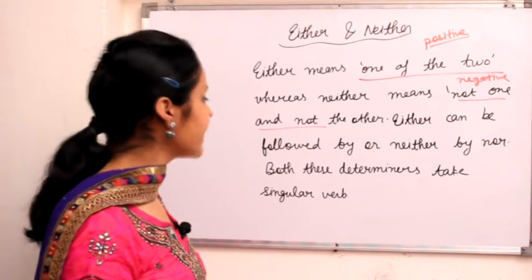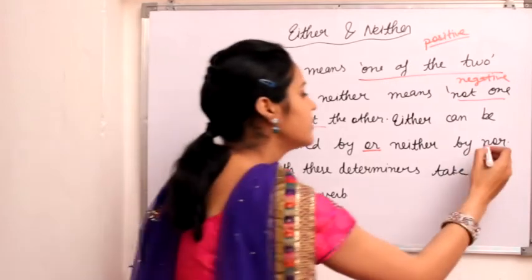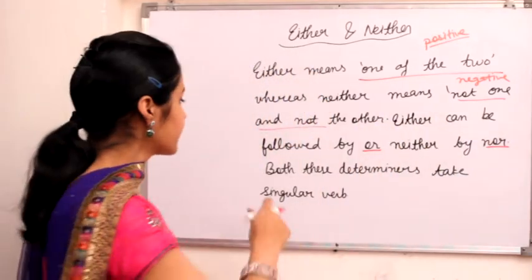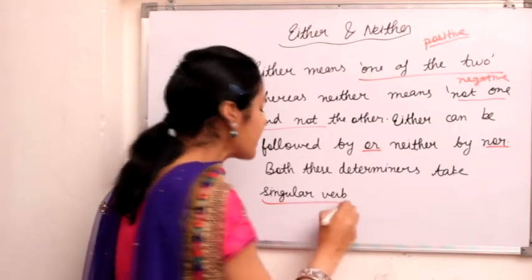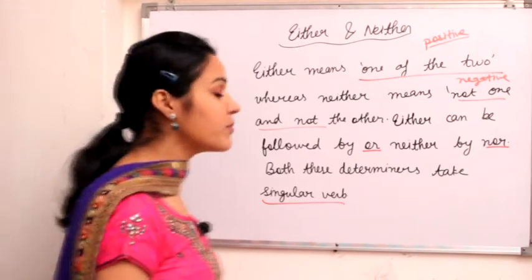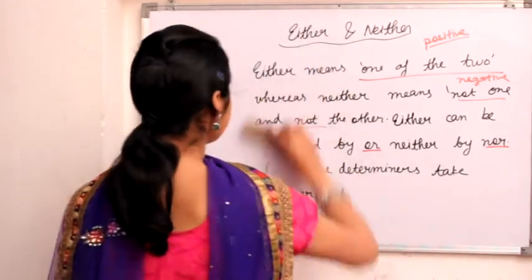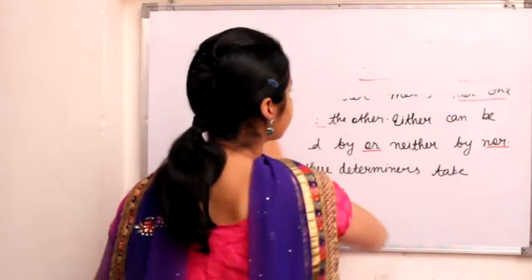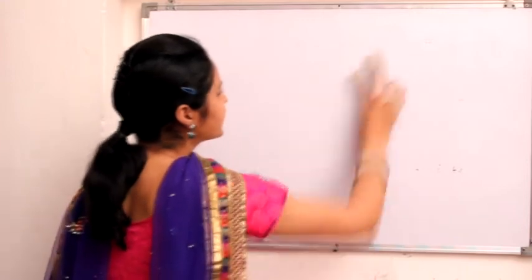Now either can be followed by or and neither by nor. Both these determiners take a singular verb, so always remember that. Now I explain by using some examples, using either or and neither nor.